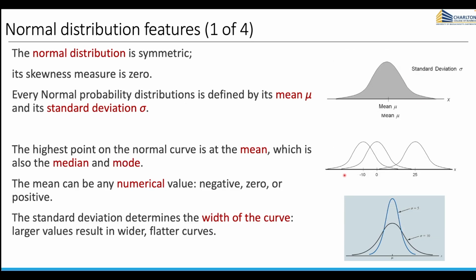Mean defines where the normal distribution is located. It can be any number: negative, 0, or positive. And standard deviation defines how spread out the distribution is. For a lower standard deviation, the normal distribution is narrower. For a higher standard deviation, the normal distribution is wider.